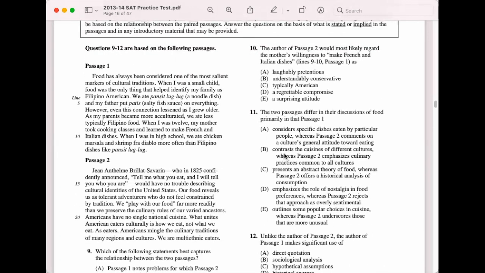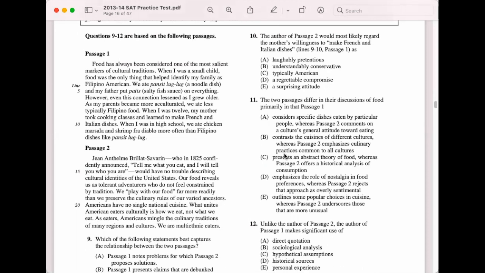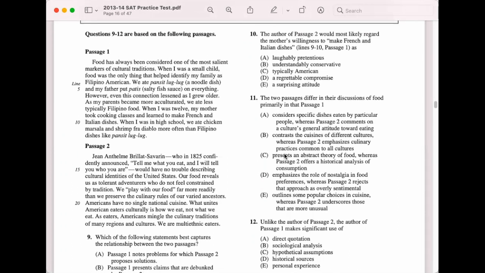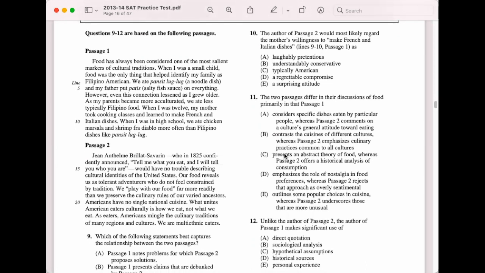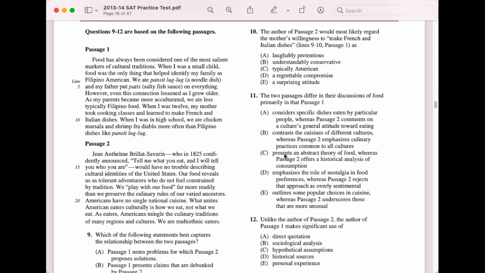Question 10 is about passage 2. Question 11 is the difference between the passages, and question 12 as well. So in fact, even number 10 is about the relationship. So all the 4 questions are about the relationship between the passages.